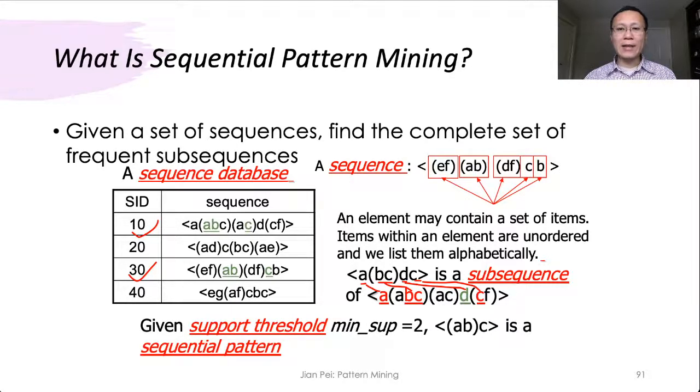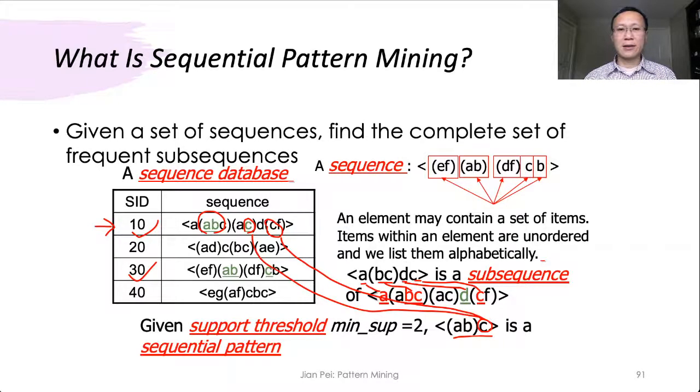Here there's one interesting thing. When we try to match this ABC with the first sequence, you may notice that AB is matching here, but the C can be matched at two places. One place is here, and the other is here. So you may ask, which one should be used to match this C?